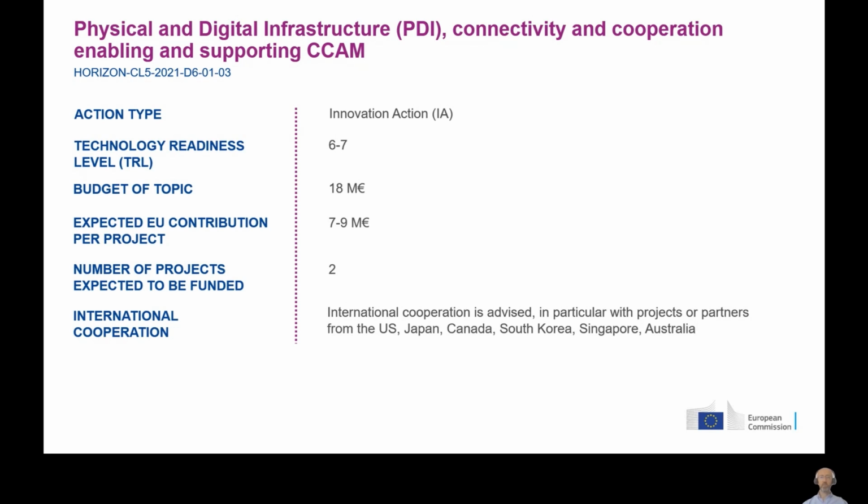We expect this to go to technology readiness levels of 6 to 7. The budget is 18 million euros with expected contributions from our side of 7 to 9 million, which of course means we are looking at funding 2 different projects. That makes sense. We also had 2 parts. So I guess in an ideal world, we would also have 1 project for part A and 1 project for part B.